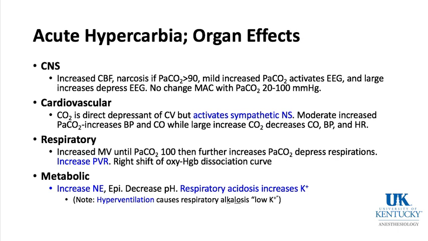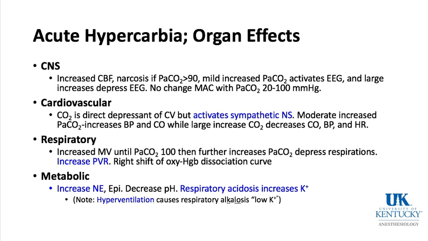Cardiovascularly, when the CO2 goes up, it activates the sympathetic nervous system. That's the usual effect that we see from hypercarbia, that is tachycardia and hypertension. But CO2 is a direct depressant of the cardiovascular system, and so as it gets really, really high, you can get depression of cardiac output, blood pressure, and heart rate.